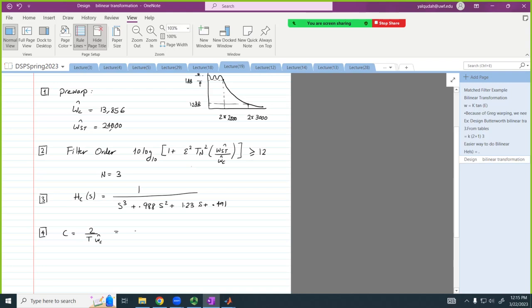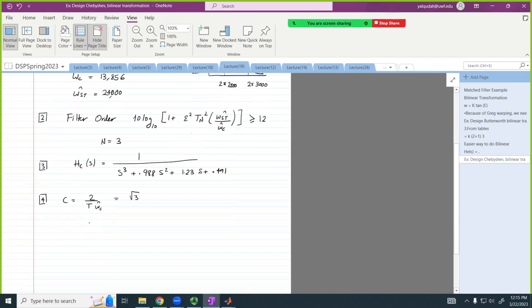Okay, 2 over omega c hat is going to be the same thing, square root of 3. And then we're going to have b hat equal to 0.491. Just keep in mind that when we calculate the b hat, we don't take b0 first, then b1, b2, b3.